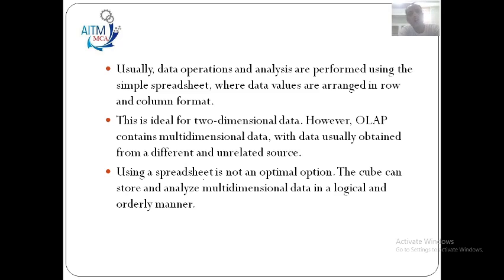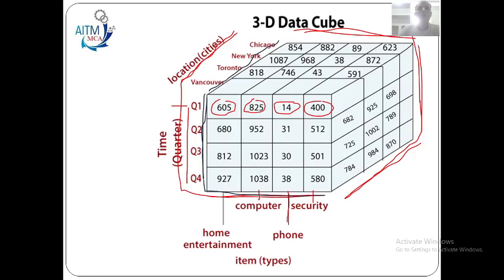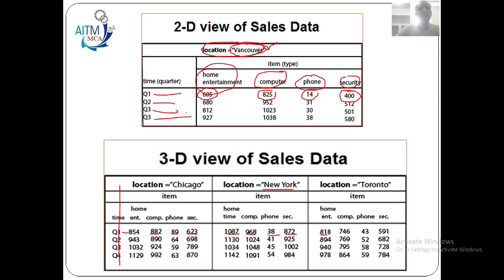Usually, data operations and analysis are performed using a simple spreadsheet. Just now we have seen it. Usually operations and analysis are performed using a spreadsheet in the form of an Excel sheet, which has rows and columns, where data values are arranged in rows and columns, like this.